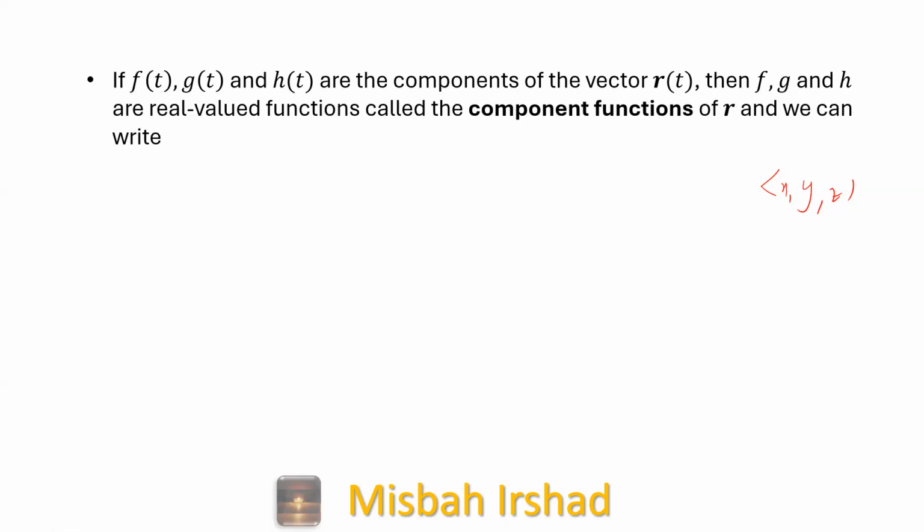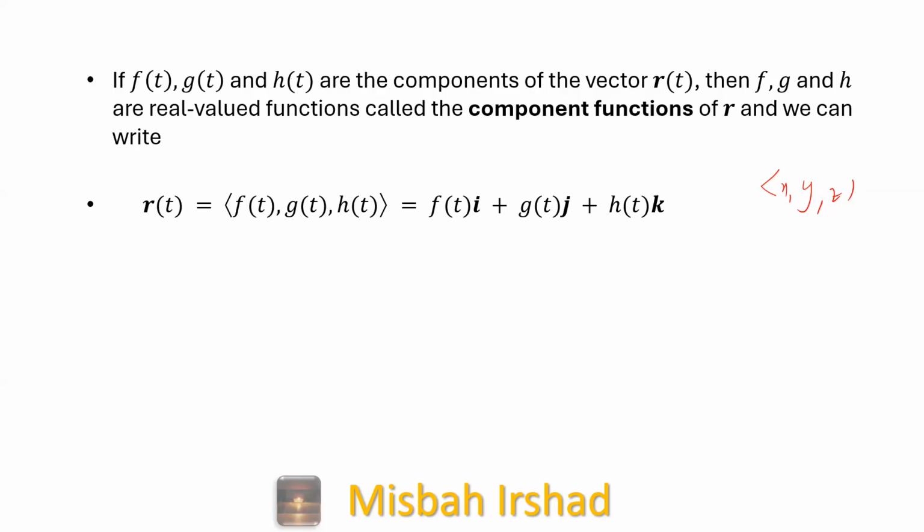In three dimensions, we know that vectors can be represented by their components x, y, z, where x gives horizontal position, y gives sideways position, and z gives height. So instead of constants, each coordinate can depend on time. That gives us the vector valued function with components depending upon t.